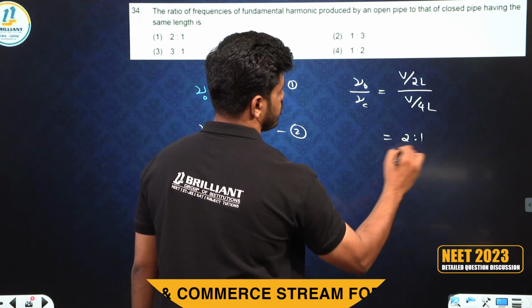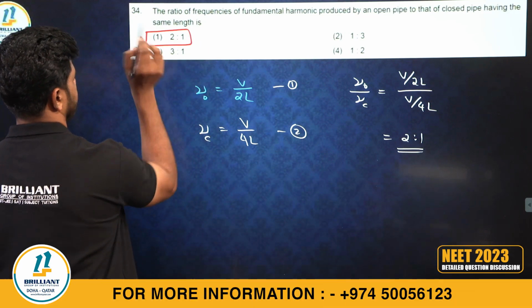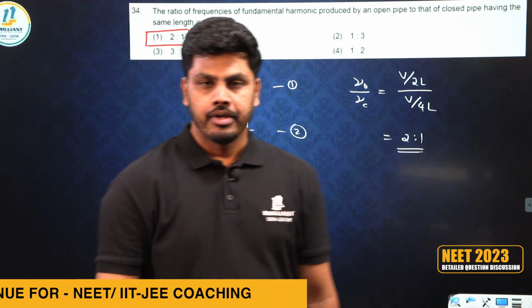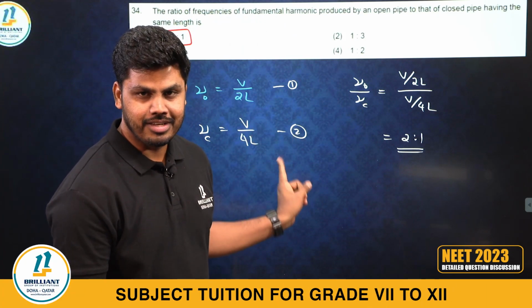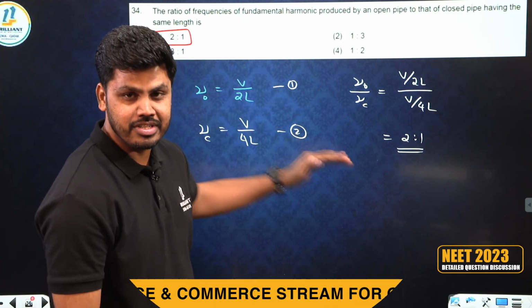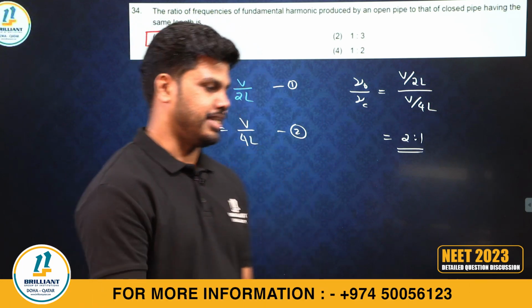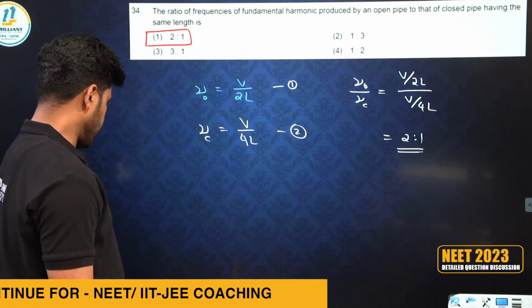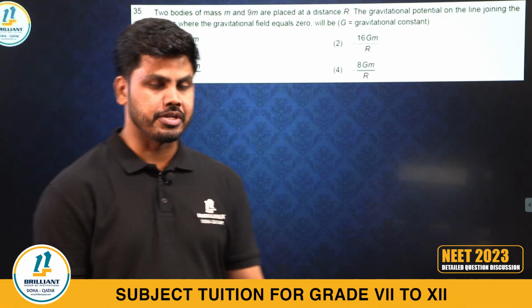That is going to be 2:1, which is option number 1. A direct question again, if you know the expression for the fundamental frequency, the first harmonic of stationary waves produced in an open pipe and a closed pipe. Question number 34, option 1. And 35th question.